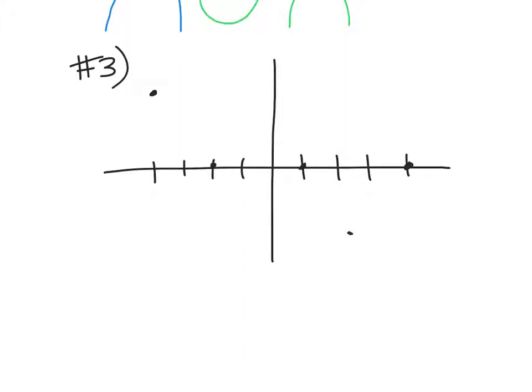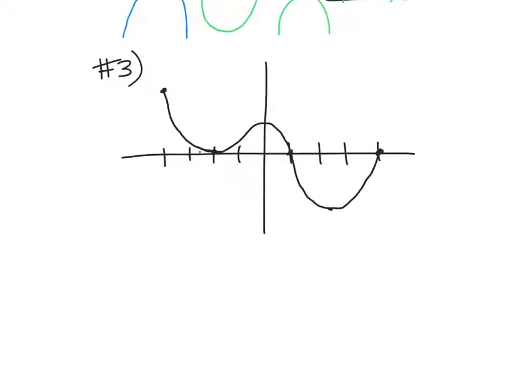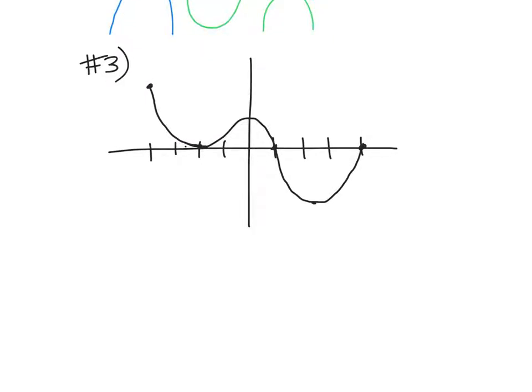So this graph is going to be a little bit different. It's going to go like this. It's going to touch the x-axis here, and then go up and through, and then down to here. Okay. It's a little bit different. So go ahead and sketch that real quickly.